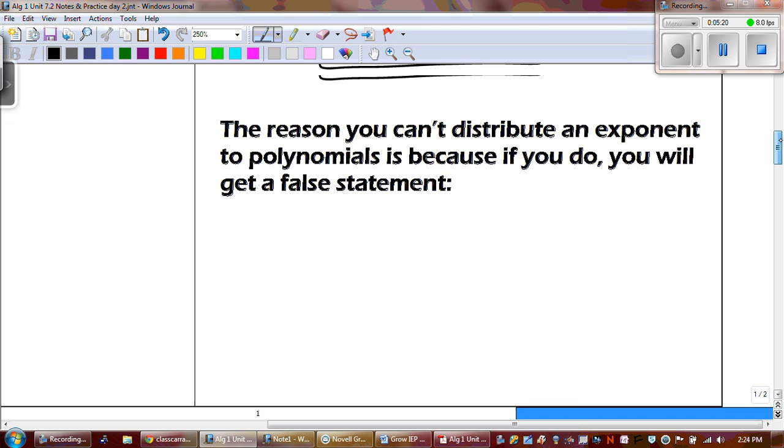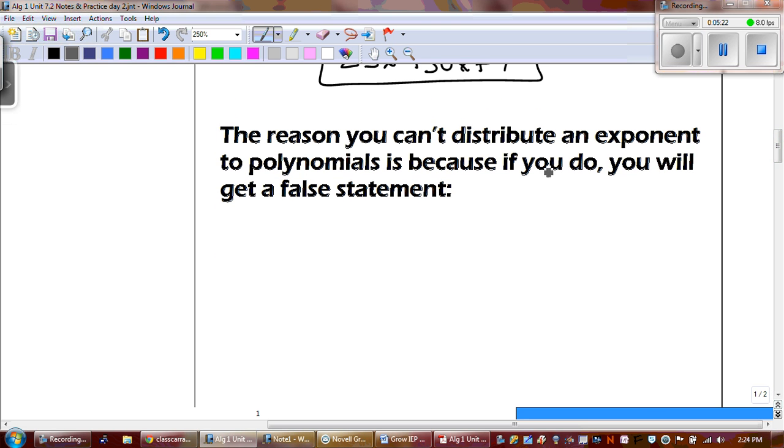Okay, now here's the reason why we can't distribute. So if we have 5x plus 3 squared, if we were to just distribute that, we would get 25x squared plus 9. Okay, so let's pick a number. Someone tell me, what does x equal? Shout it out.